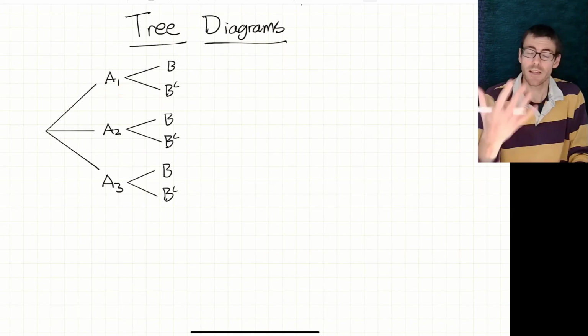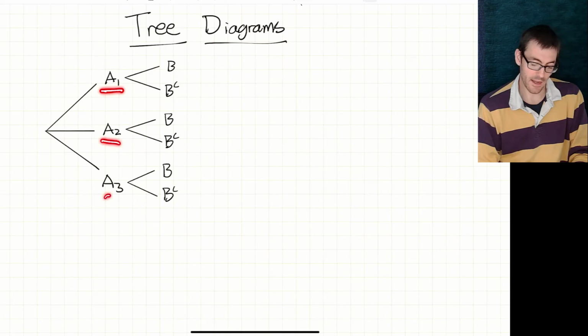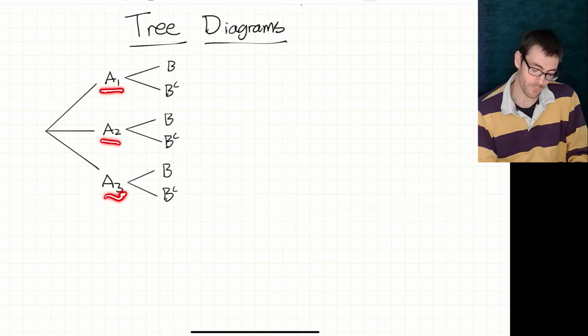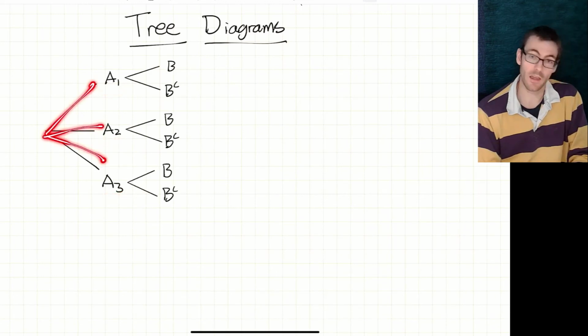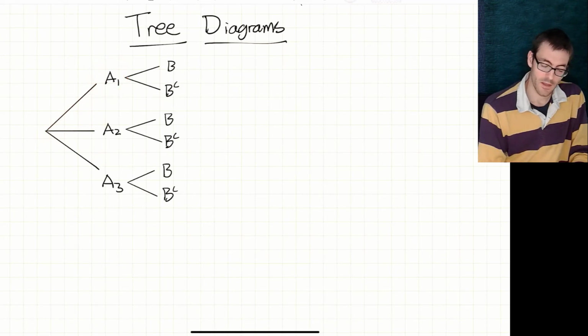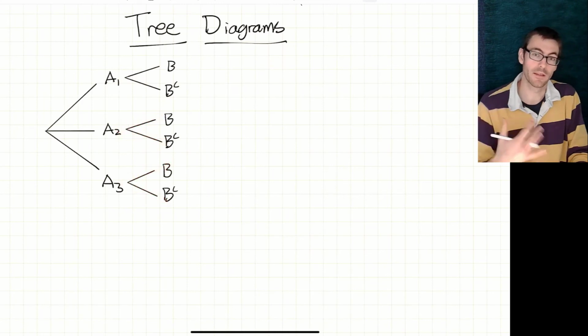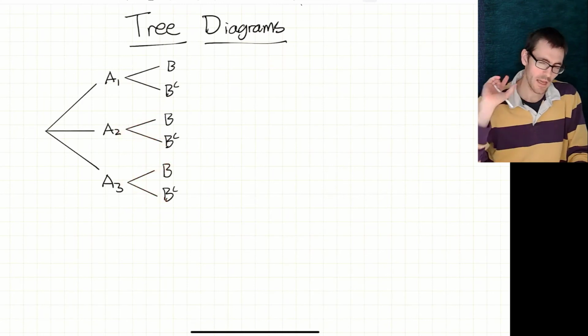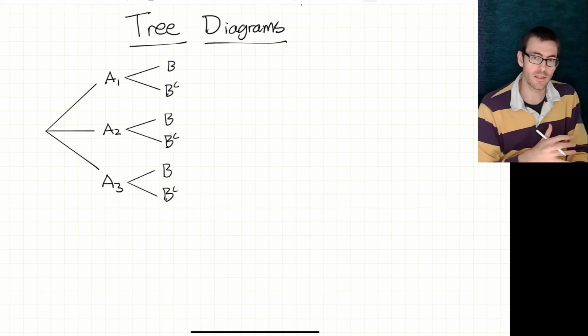In the first stage, one of three things can happen, A1, A2, or A3, and so we're representing that with a three-way fork. After A1 has happened, either B can happen or it doesn't happen. Similarly, for each of A2 and A3, we are then faced with this next choice.